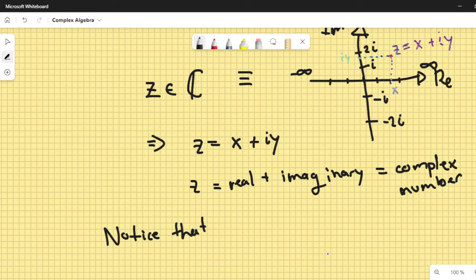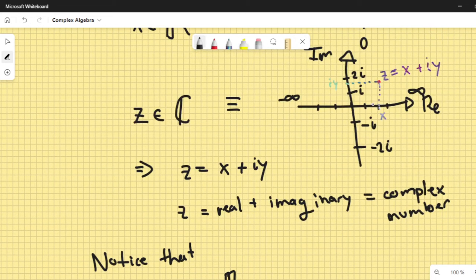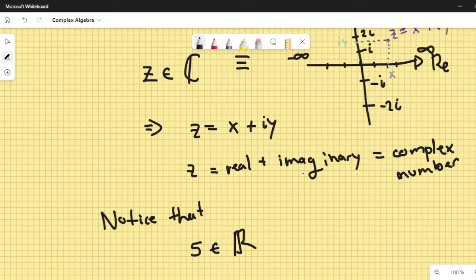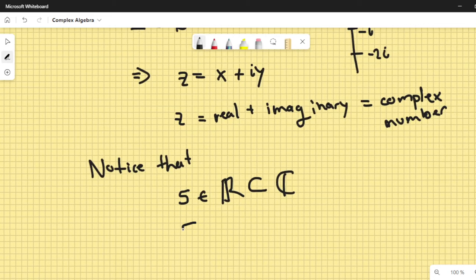Okay. Yes. Notice that, for example, let's think about 5. 5 is a real number, right? But the reals, as you can see here, are a subset of the complex numbers. This means that 5 is also an element of the complex numbers.